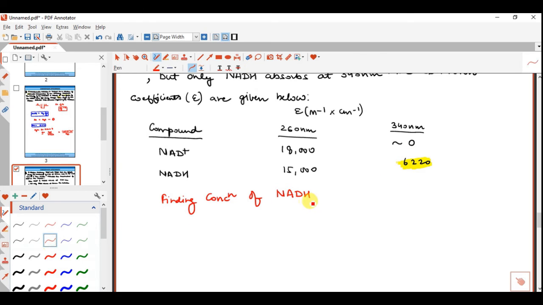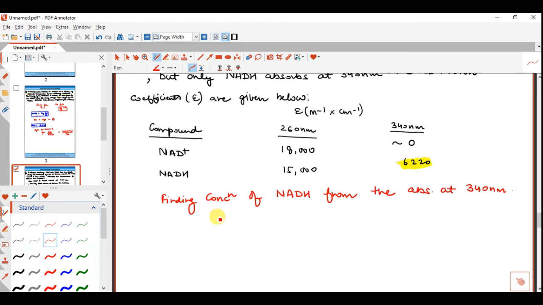So this is what I will make use of. So finding the concentration of NADH from the absorbance at 340 nanometer. Okay, so let us do this.